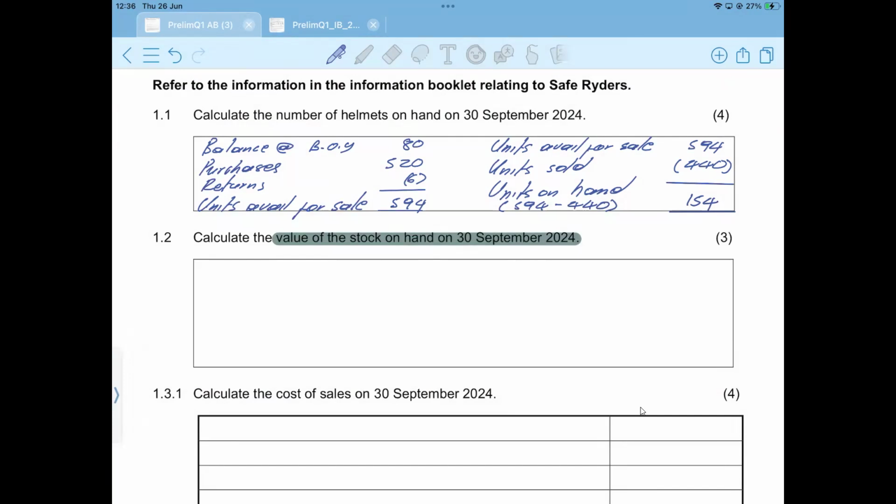So we know that our financial year will start on the 1st of October 2023. After October, you're going to have March, April, May, June, July, August, and September. So this will be the 30th of September 2024, and we calculated that we're going to have 154 units.